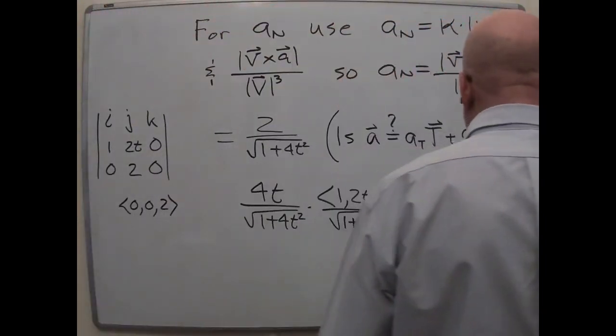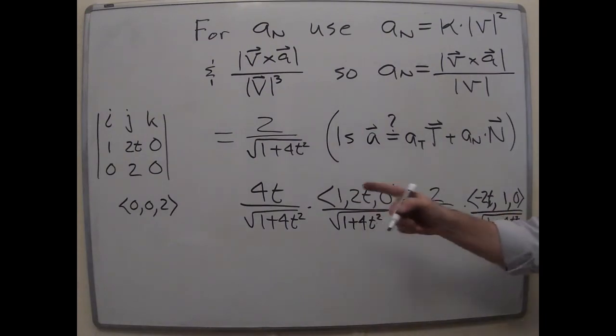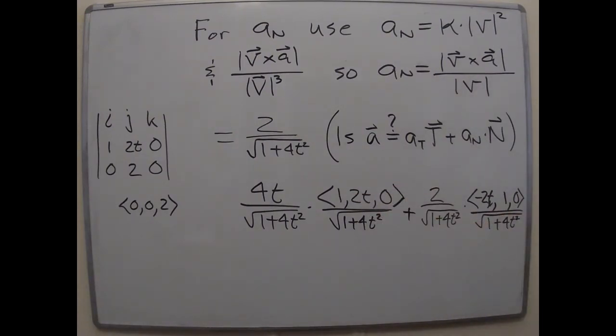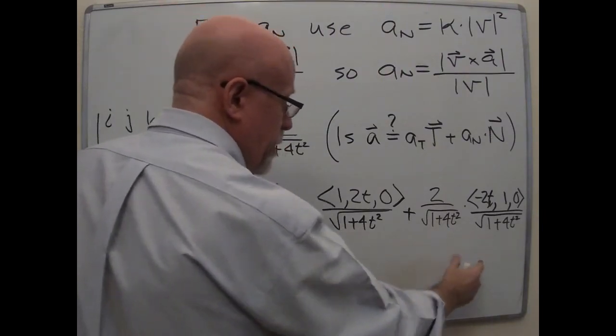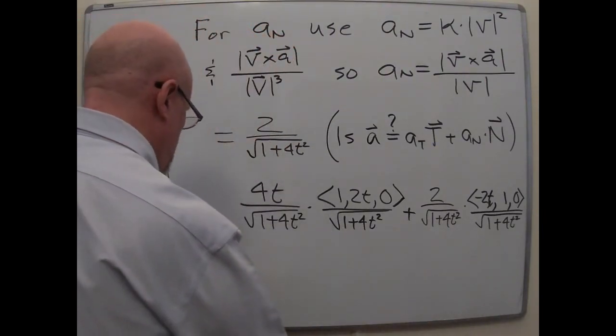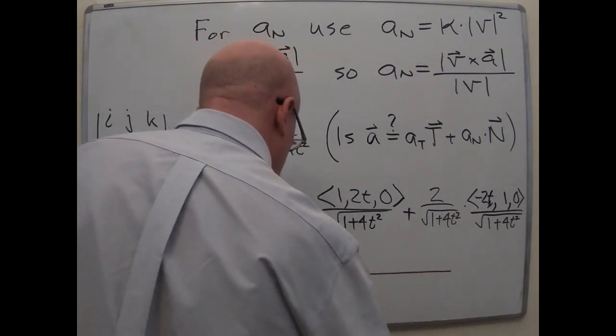It's minus 2t, comma 1, comma 0, divided by, again, square root of 1 plus 4t squared. The speed is appearing in multiple places. All right, so multiply everything together and add it all up. In the denominators, they're both going to have this thing without the radical anymore. So let's write it all over one big 1 plus 4t squared.